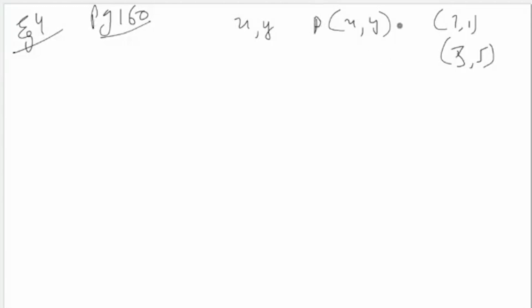The point P is equidistant from these two points. We are supposed to find the relation. What is the meaning of relation in mathematics? That is an equation. We have to find the equation for the point (x, y), so that it is equidistant from point A as well as from point B.